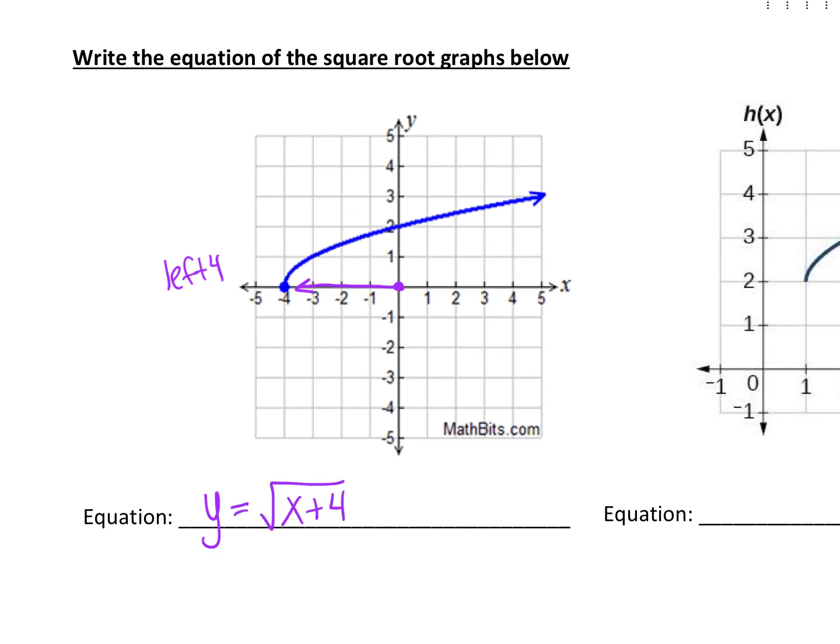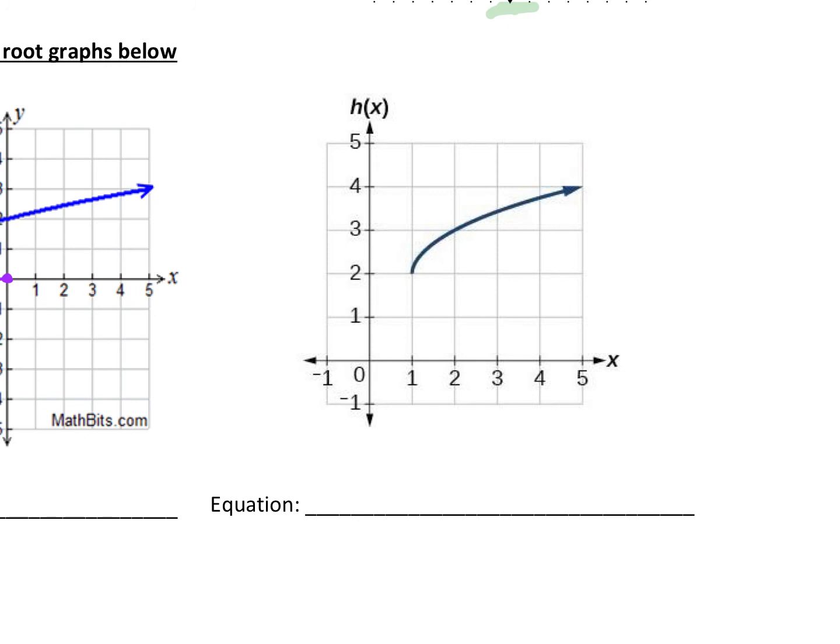It didn't move up or down at all, so I don't have anything after the square root, so that's the equation of this graph. For this graph, from (0, 0), this graph went right 1, up 2. So that means on the inside of my square root, I'm going to have an x minus 1 to represent right 1. And then on the outside, I'm going to have plus 2.